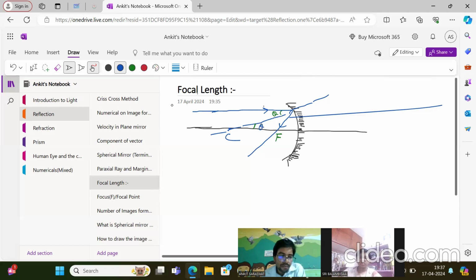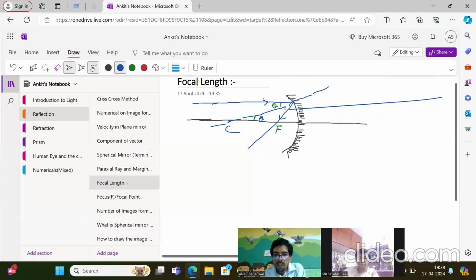So this is theta, then this is also theta. Just write down: this is A, this is B, the pole of the concave mirror.